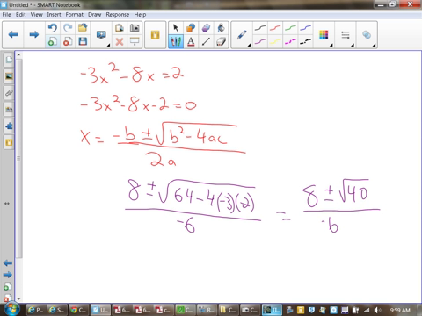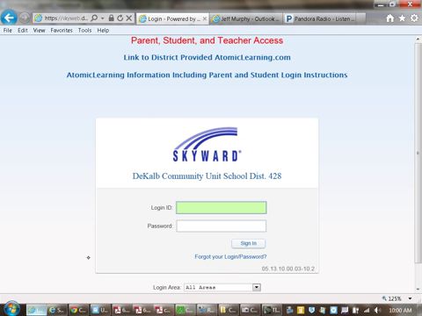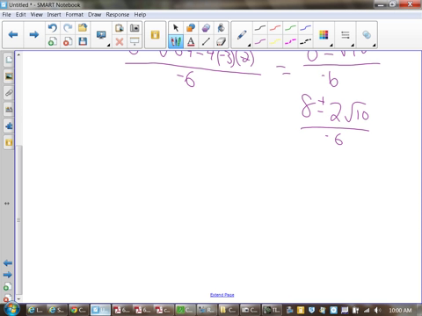Good. So I have 8 plus or minus 2 root 10 over negative 6. What can I do to all those numbers? Divide everything by 2. If I divide everything by 2, my final result should be 4 plus or minus root 10 over negative 3. And that would be my solution.